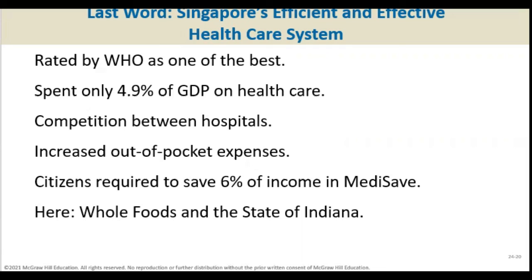So much so that the WHO rates the healthcare system of Singapore as one of the best, and they spend only 4.9% of GDP. The typical thing about the Singapore healthcare system is that it allows the patient to shop around for the best deal, and the government publishes the track record of each hospital regarding the services that the hospital offers.